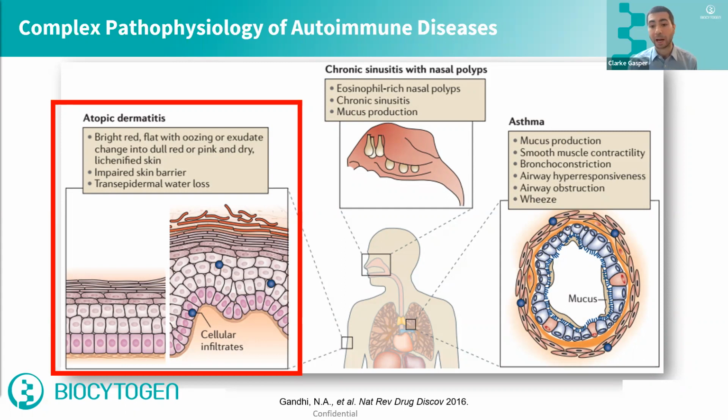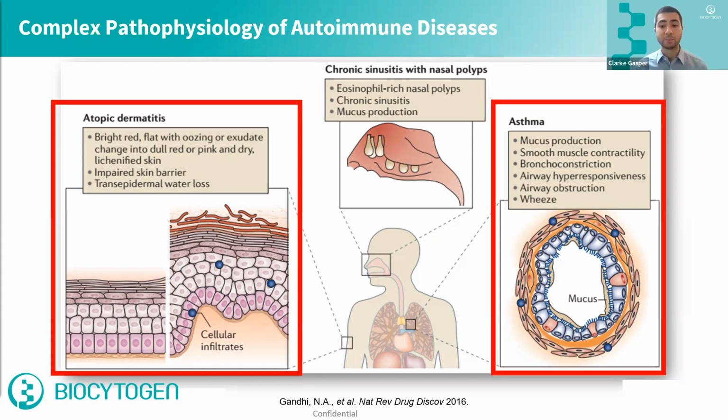So this results in bright red skin that is thickened and scaled, causing impaired skin barrier function. In the case of asthma, an overactive Th2 response in the airway results in excess mucus production and a contraction of the smooth muscle, resulting in airway obstruction.